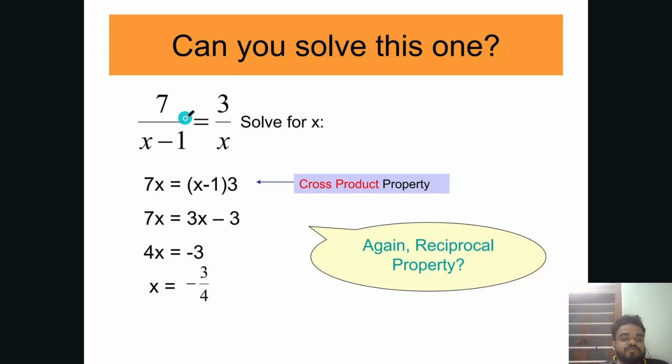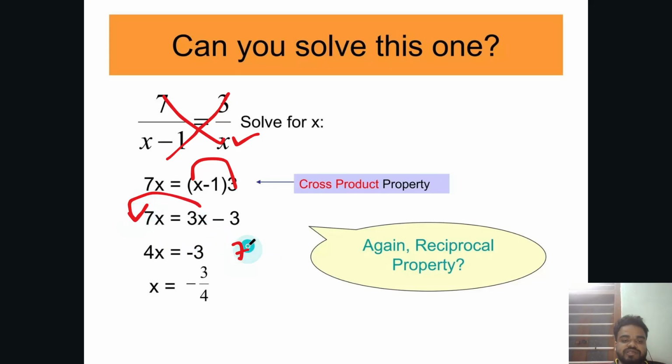Solve for x. One more problem. 7 by x minus 1 is equal to 3 by x. Here x is the unknown value. We know the cross product property. So multiply this numerator into this denominator and this numerator into this denominator. So 7 into x is equal to 7x and 3 into x minus 1. That means 3 into x is equal to 3x. 1 into 3 is equal to 3. So turn this to this side because this is the bigger number.